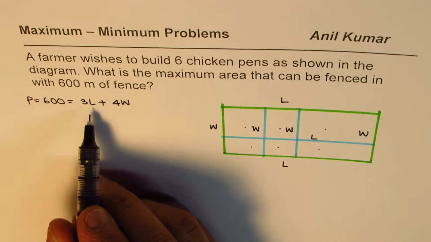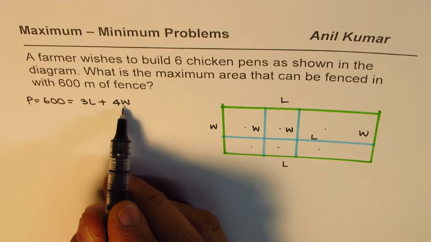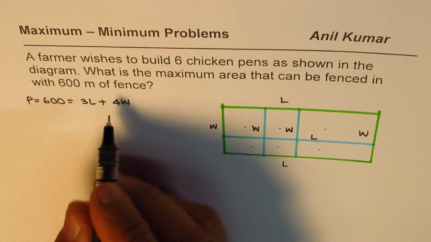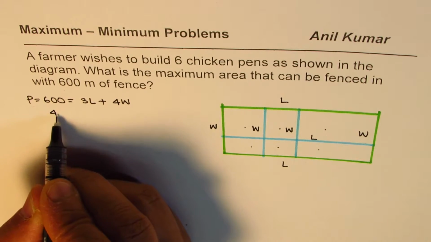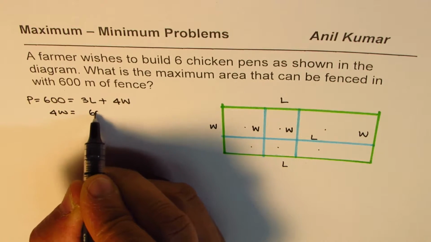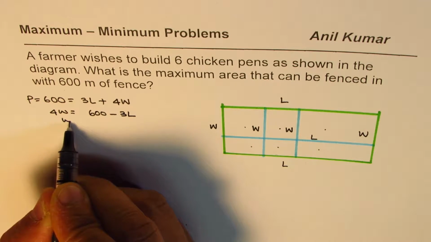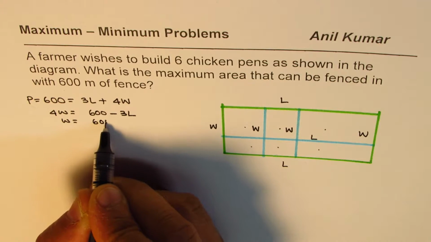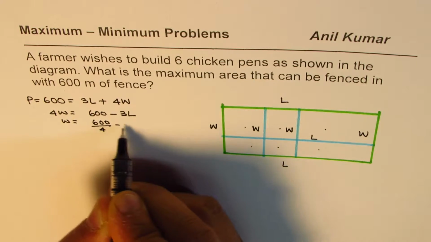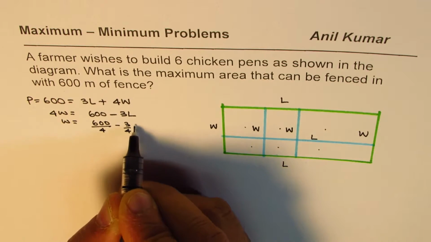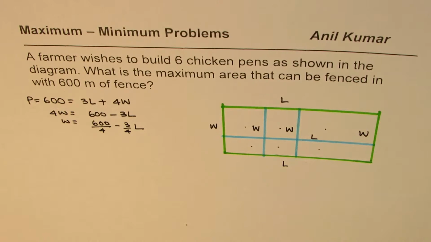Let's say we use width as the one. So we can write 4W equals 600 minus 3L, or width equals 600 divided by 4 minus 3 over 4 L, right? So you can write width in terms of length.